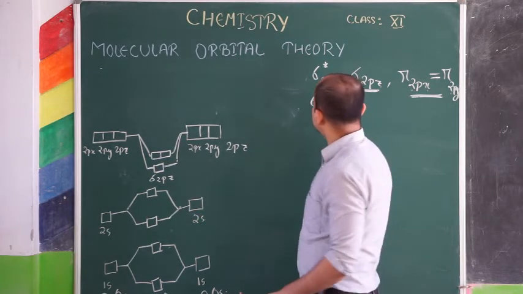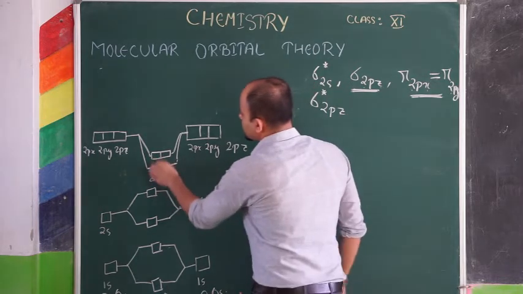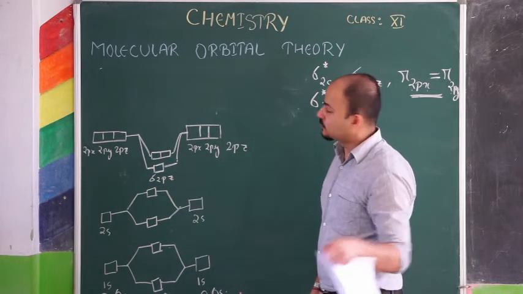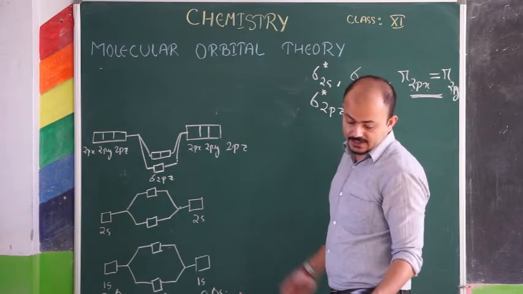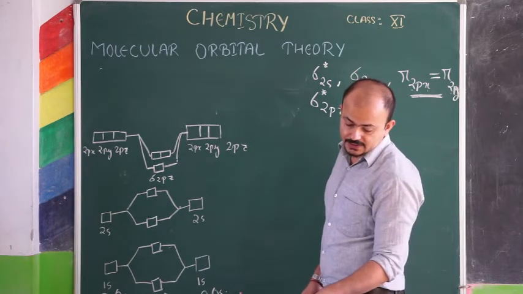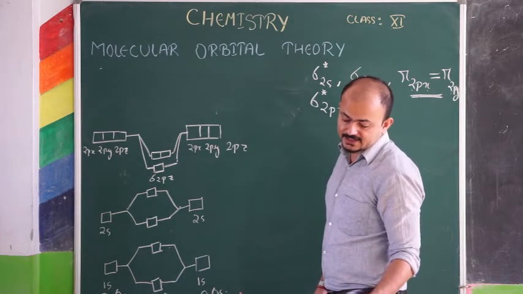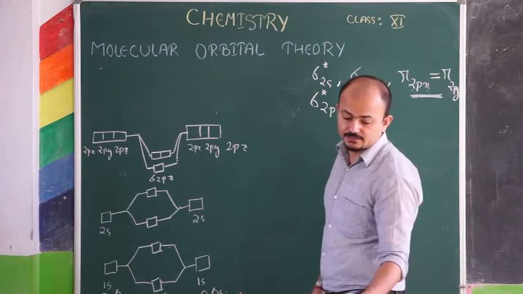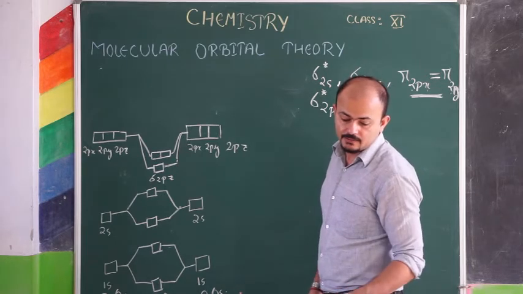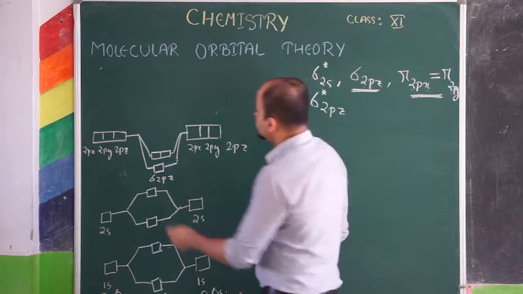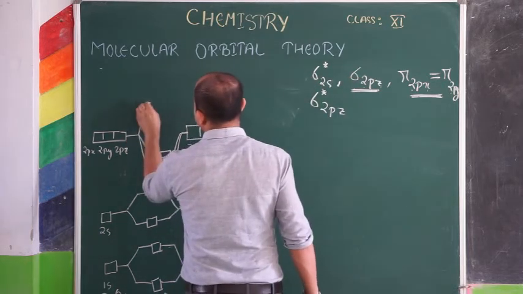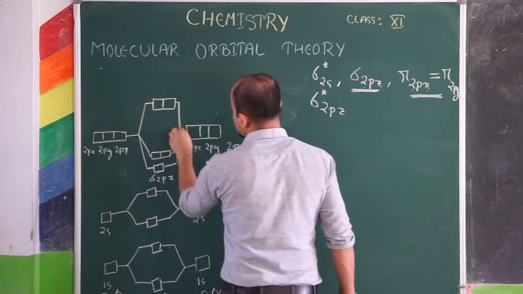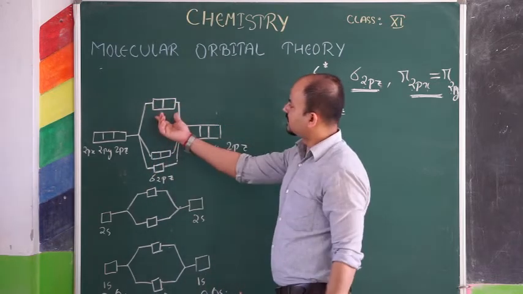Now the anti-bonding of these orbitals. Okay, so you have to remember this sequence. Once you remember the sequence, I wrote it. After these two orbitals, what comes? Then comes the anti-bonding of pi 2px and pi 2py. So here, what we have again? These are anti-bonding orbitals, pi 2px star and pi 2py star.